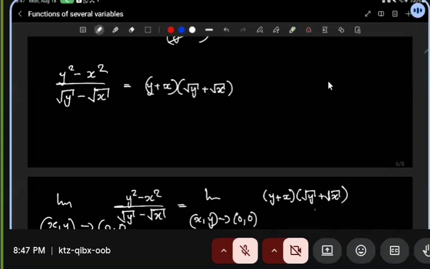Notice that now we can directly substitute. And if you directly substitute here, the answer you're going to get is going to be 0. So the limit is actually 0.